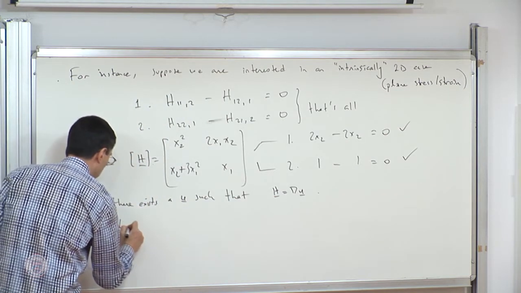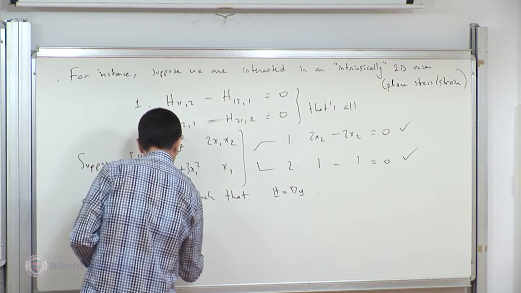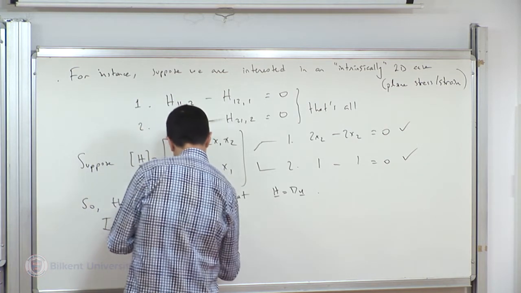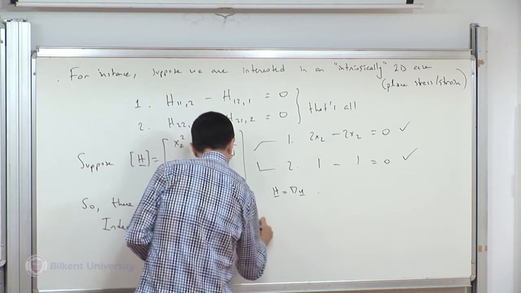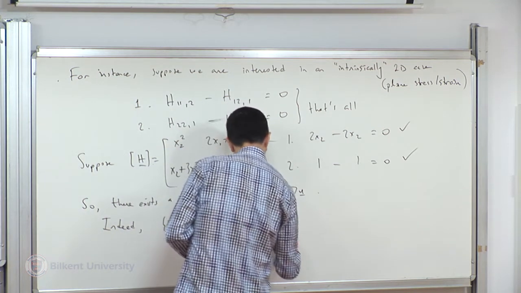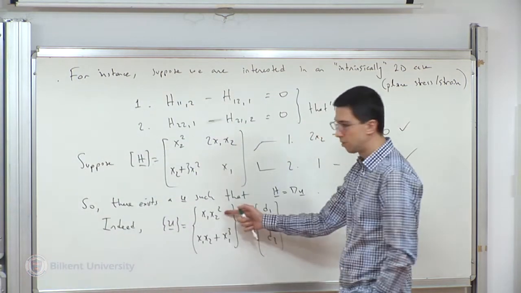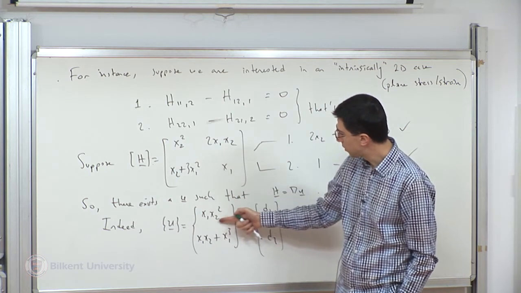Now, at this point, we're not going to do that, but let me just tell you the vector field is... 1, comma 1. So with respect to 1, it's x2 squared.